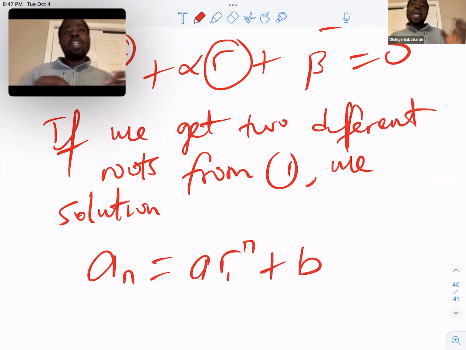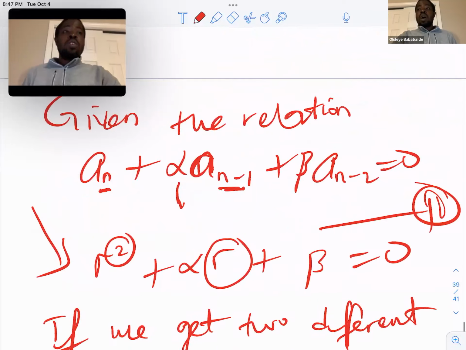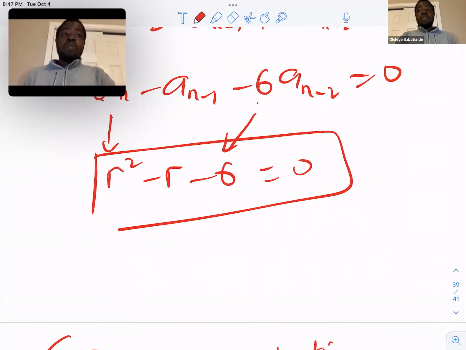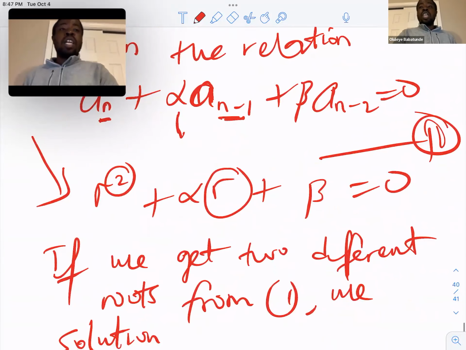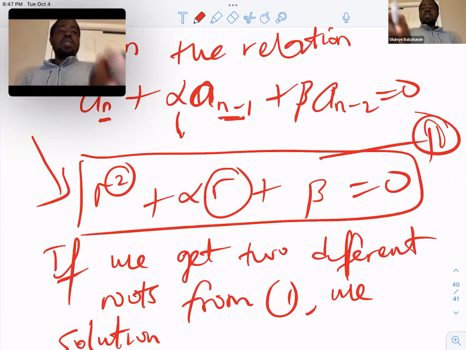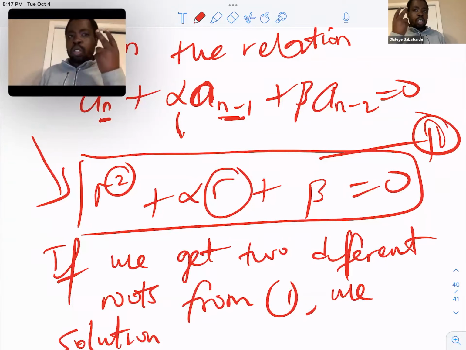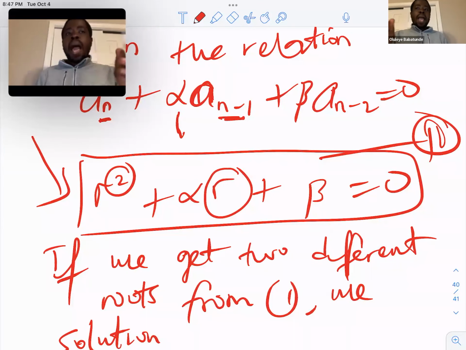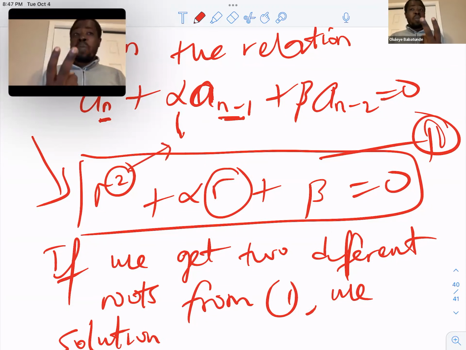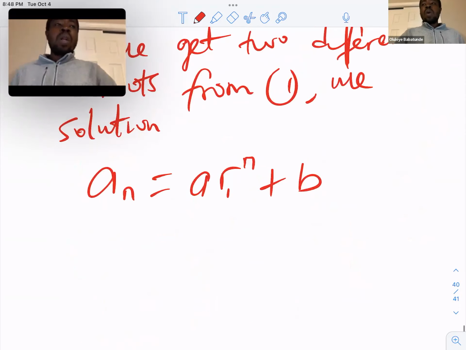A and b are just arbitrary coefficients. Remember, you will get your r1 and r2 when you solve this quadratic equation, for instance. But this is a general one. This is a generic one. So when you solve a quadratic function, you are going to have two solutions, r1 and r2, because the highest power of a quadratic function is what? 2. It's a polynomial of degree 2. You must have two solutions. So we have r1 and r2.